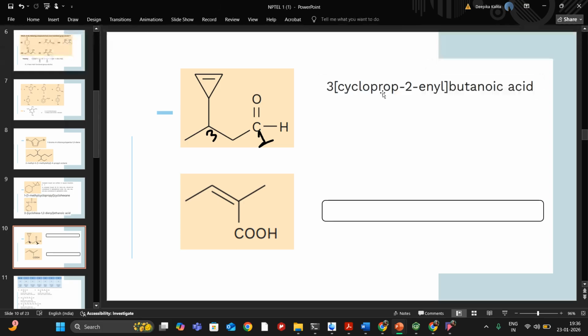While naming the compound, we will have to name the substituent first, which is present at carbon number 3.